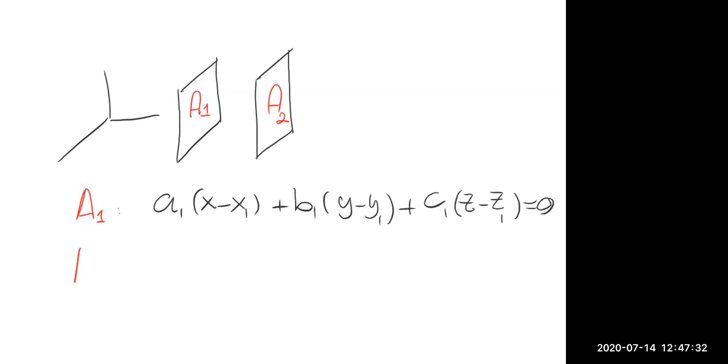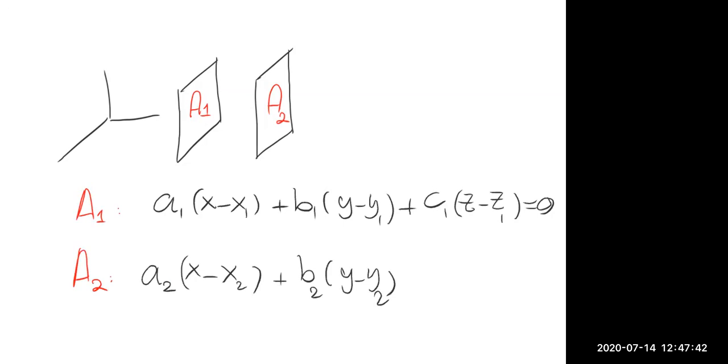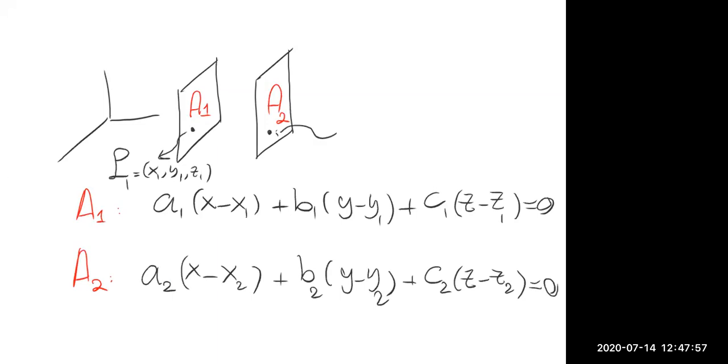Let's say I have another plane whose equation is A2(x minus x2) plus B2(y minus y2) plus C2(z minus z2) equals 0. Remember, x1, y1, z1 is a point P1 inside this plane, and x2, y2, z2 is a point P2 in the other plane.